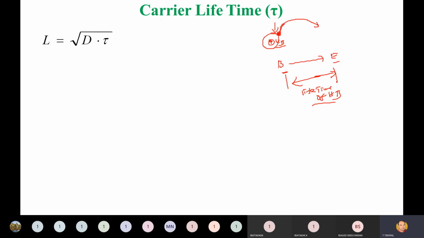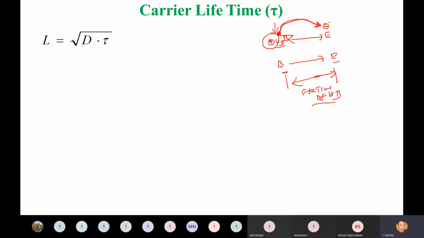It jumps from this point to this point, and if it finds a hole, this electron goes and fills into this hole. Then it expires. Here it is taking birth; here while it is filling the hole, it is expiring.